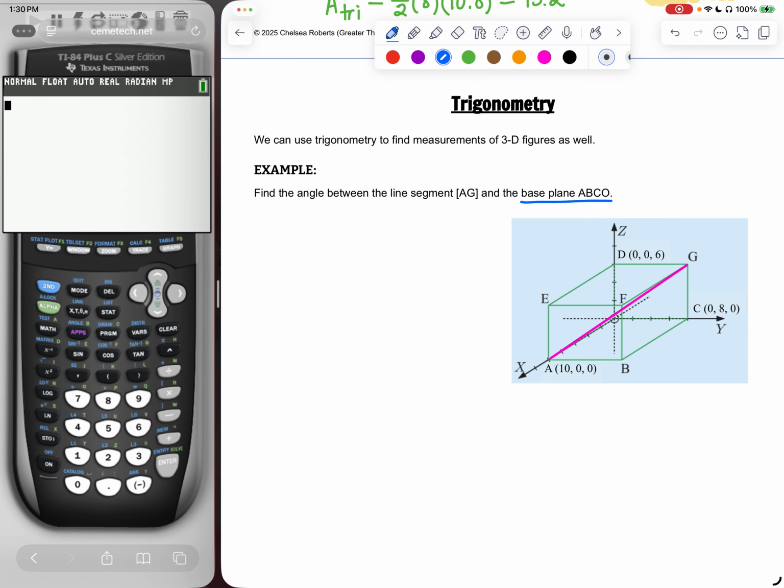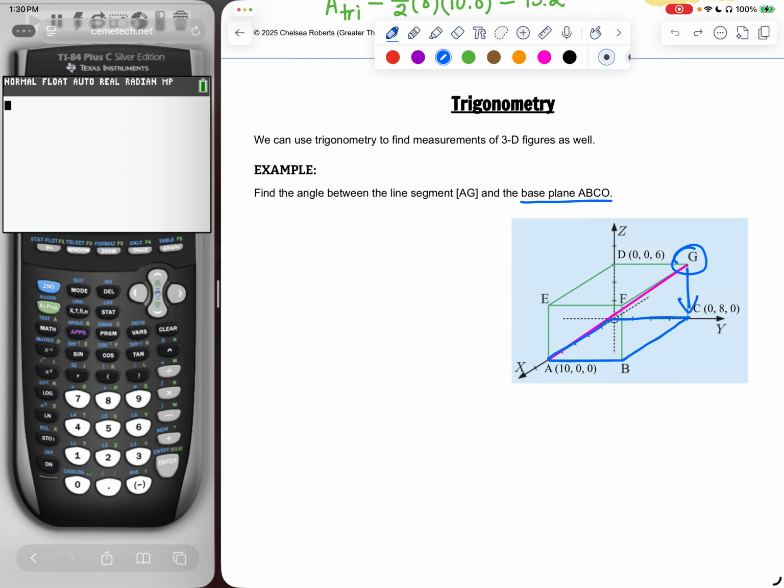ABCO. So that means if I start at A and I go to B and I go to C, I go back to O and I come back, that is the base plane, which technically means that I want to see if I were to take the line segment from A to G, and if I was to literally just drop G down, it will touch here.